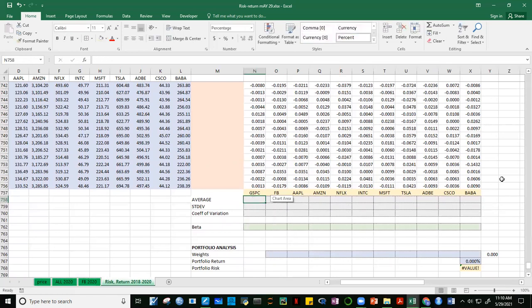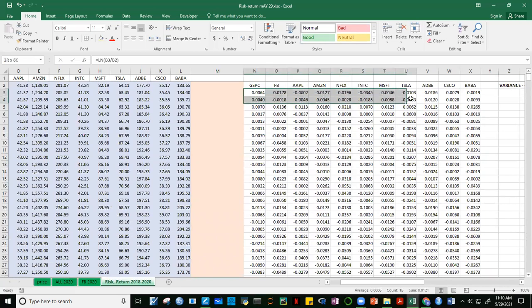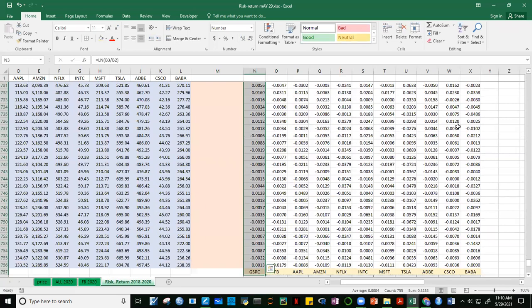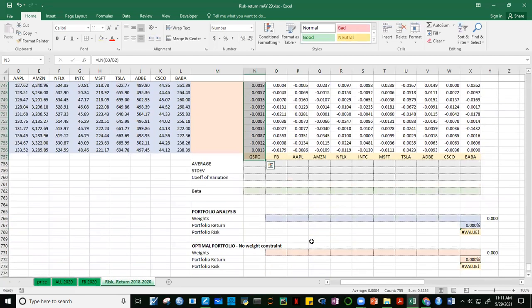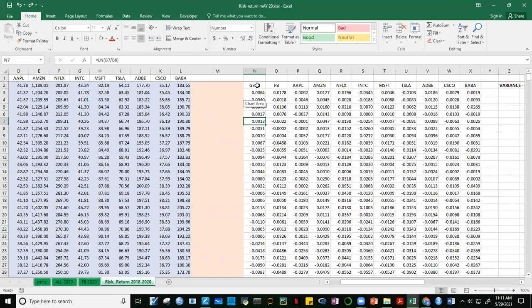Average is equal to average. Okay. By the way, guys, yung binigay ko sa inyong file, if you notice, kunyari si GSPC, what we can do is, bigyan natin ng pangalan tong series na to, no?